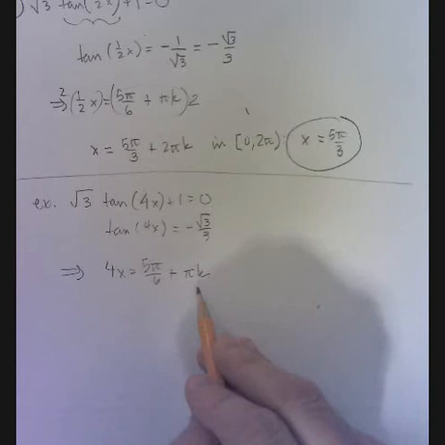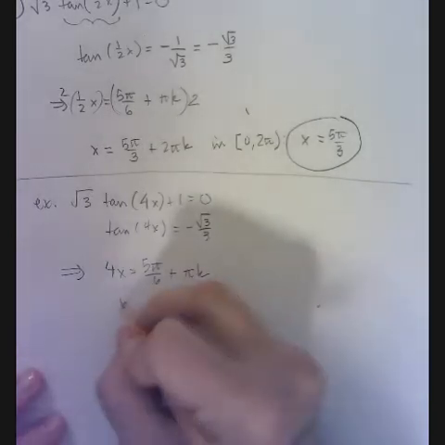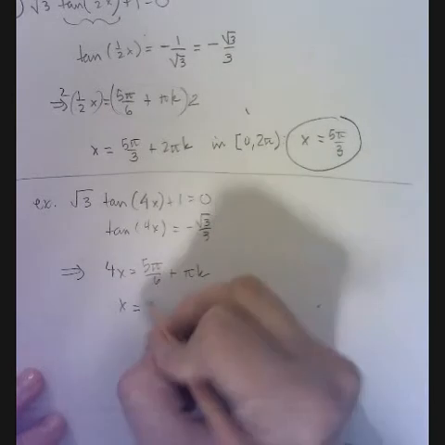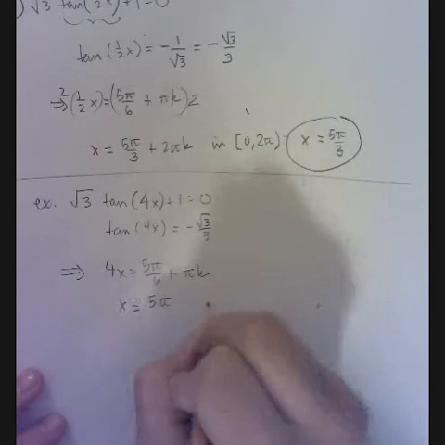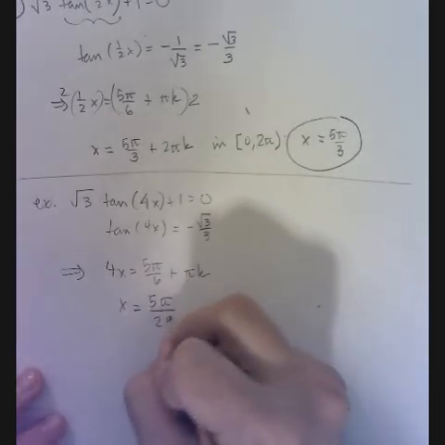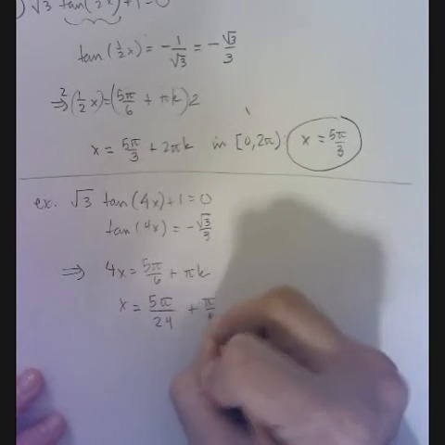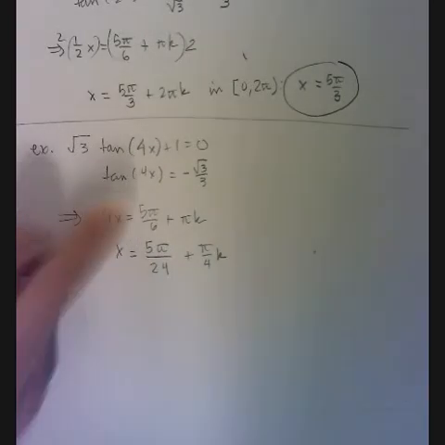But now I'm going to divide everything by 4. So x equals, so the period gets cut in fourths, right? In a quarter, if you will. So notice 5 pi over 24 is a lot smaller than 5 pi over 6.